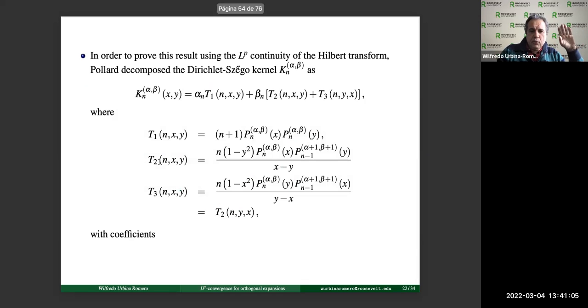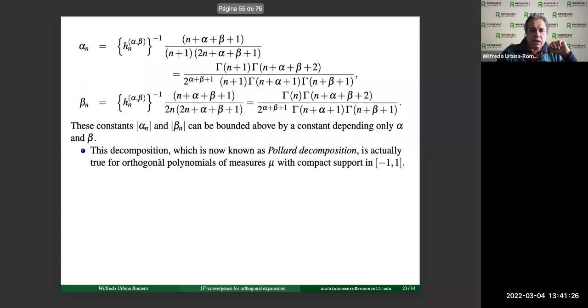And he succeeded to introduce the Hilbert transform and use the Hilbert transform inequality with respect to the Lebesgue measure, no weights, and the polar decomposition allows you to do that.